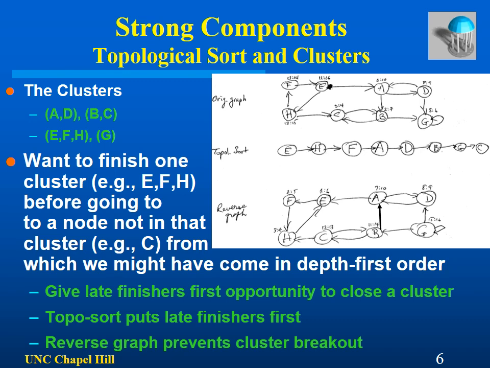H could try C, but C's already been closed. So that's not what the algorithm would do. But it can go to F. F is therefore opened at 13. F can go to E, but E's already been examined, so F gets closed at time 14, H at time 15, and E at time 16.